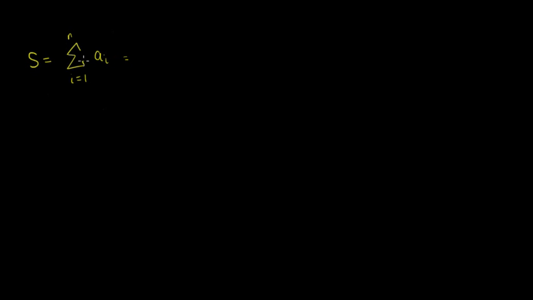We are going to sum up a sub i, where i goes from 1 all the way to n. Remember, when we sum up, we're adding. So essentially all this is going to be equal to a1 plus a2 plus a3 plus a4, and you can think about this same pattern going on and on, dot dot dot, all the way to some n. And this right here is our stopping point.